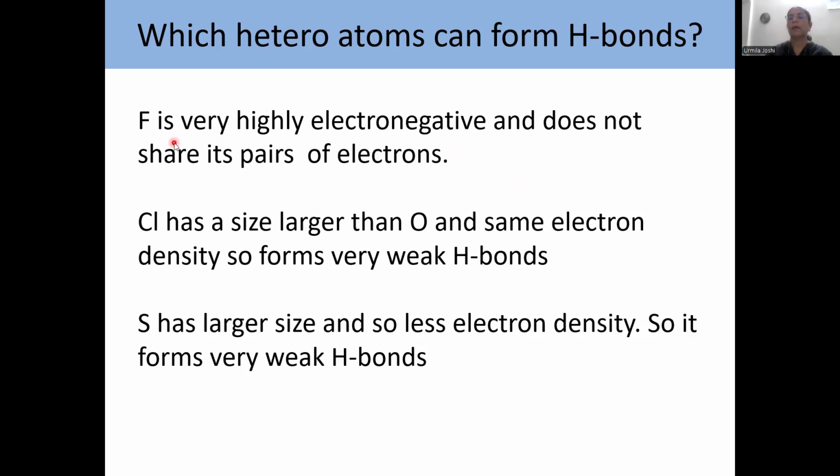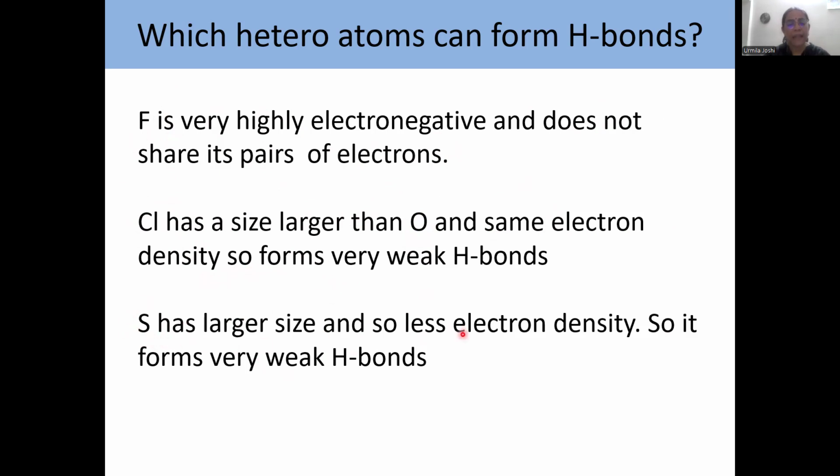Coming to chlorine, it is less electronegative than fluorine, but its size is larger. The electronegativity of chlorine and oxygen is the same, but chlorine has a larger size and the same electron density, so it forms very weak hydrogen bonds.